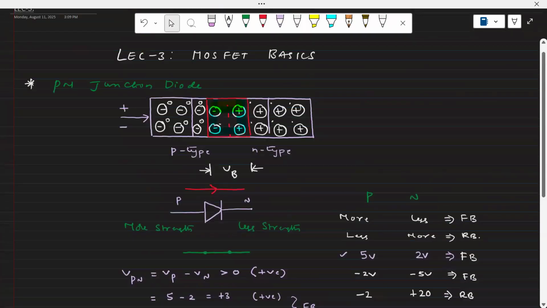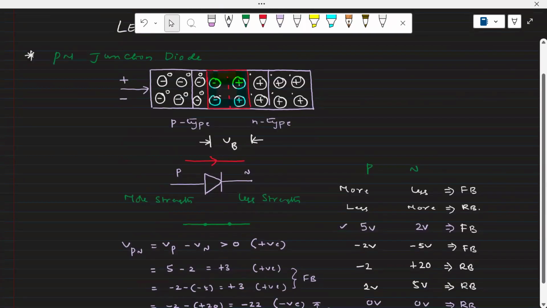For example, if I say that we would like to make the PN junction diode reverse bias, what should you say? If I want to make the PN junction diode reverse bias, what is your suggestion to me?